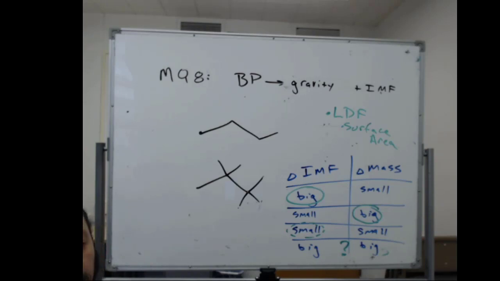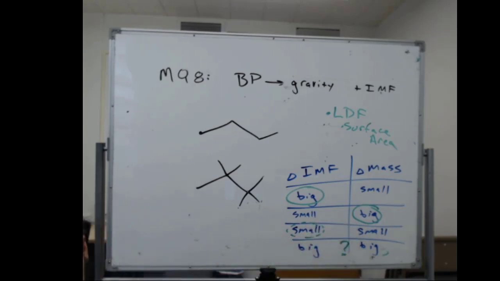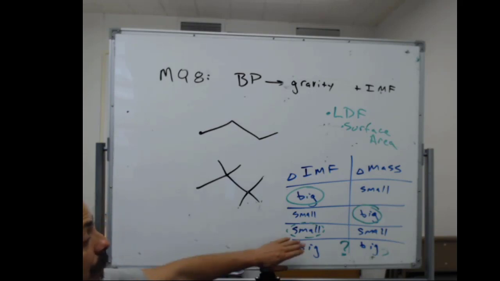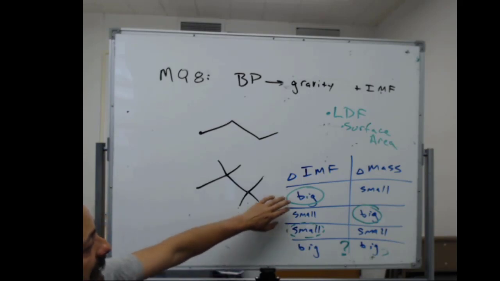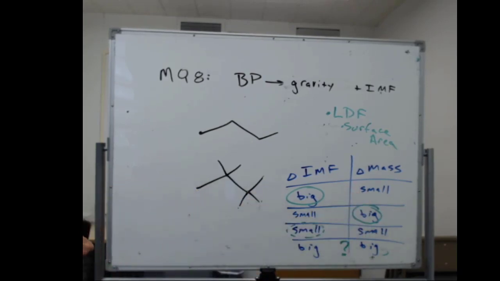And so what really matters there is the difference in mass, which is going to be significant. And it's only, I think, compound set 4 where you get into this interesting idea of the IMFs being really different when the masses are very similar.